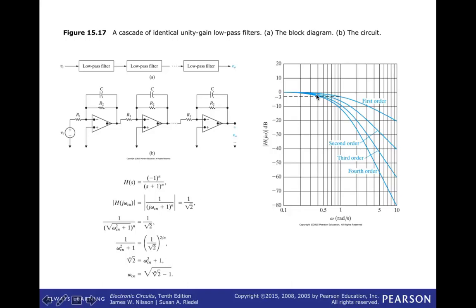So basically the trade-off is, the good thing is you do get a steeper transition in the cutoff regime, but the bad news is that it's moving the cutoff frequency back, while the knee of the curve remains at omega equals 1. So you have less flatness in the passband, and you have a rounder attenuation in the cutoff band.